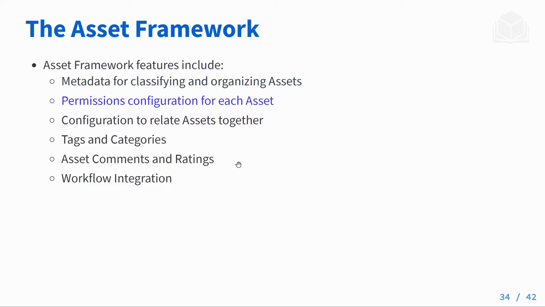In addition, we have specific permissions and configurations for assets, as well as the ability to relate assets to one another. When we're talking about organization, in Liferay we use asset tags and asset categories to group assets together. There's also a little bit of collaboration involved here. We have asset comments and asset ratings. And finally, our assets are also configured to integrate with our workflow definitions.